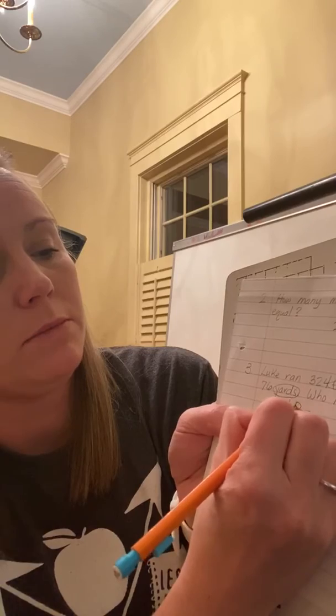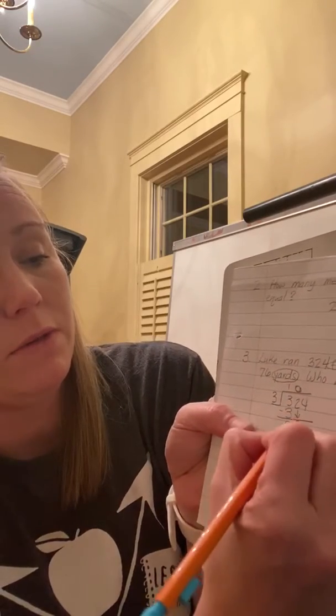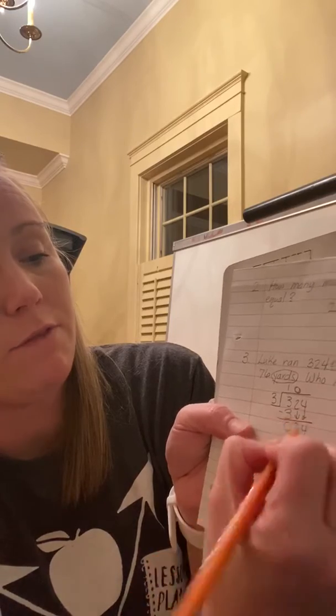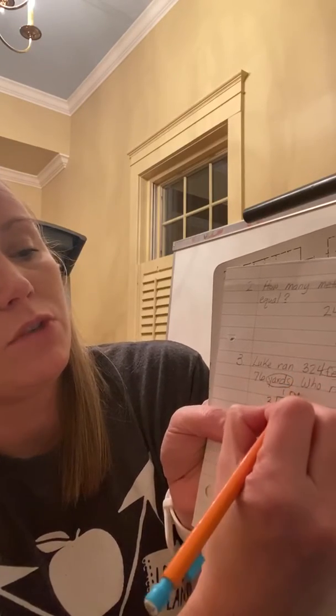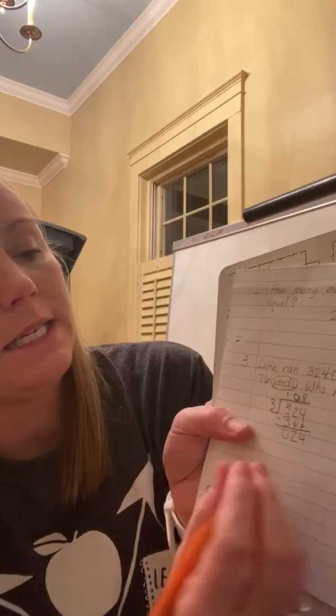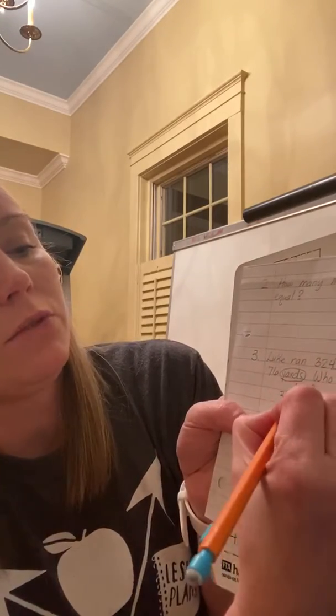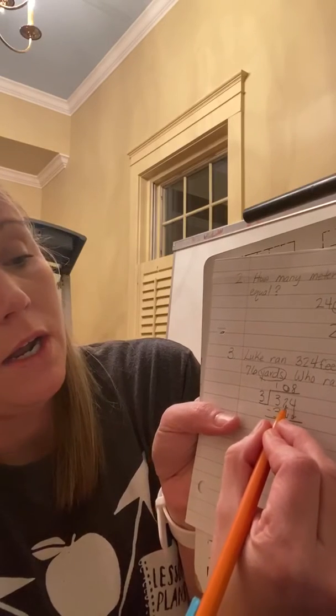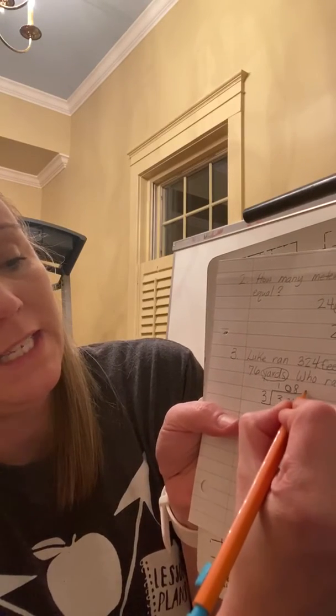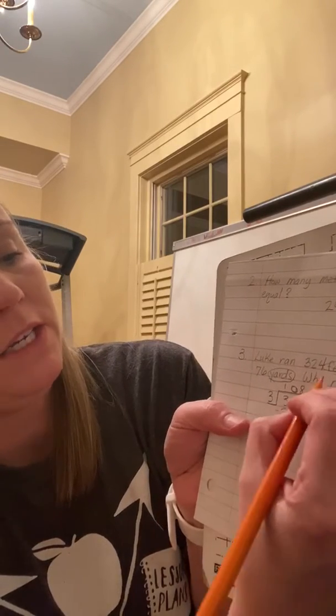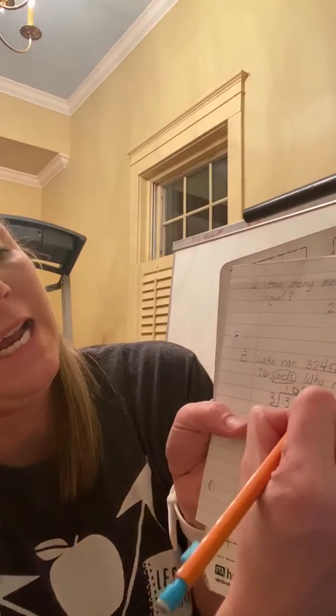3 goes into 2 0 times. So we put our placeholder, that's a 0, and then we bring on down our 4. 3 goes into 24, 8 times. So 324 feet is actually equivalent to 108 yards.